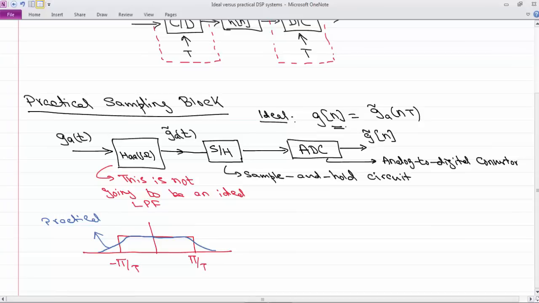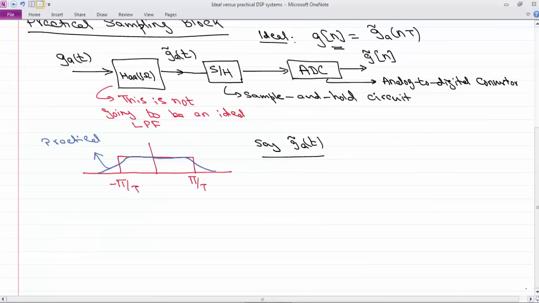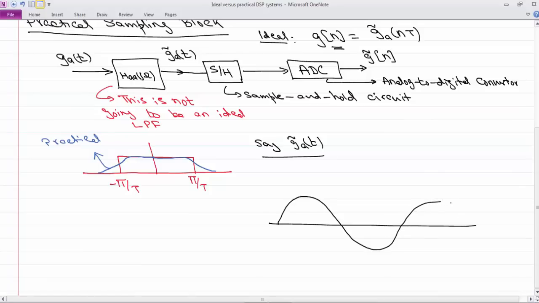So let's talk about what this sample and hold thing is. Let's take the example that g_a tilde of t is this signal, a sinusoidal type of signal, it doesn't matter what it is. So this is your input signal.